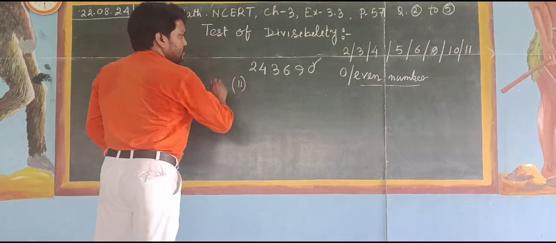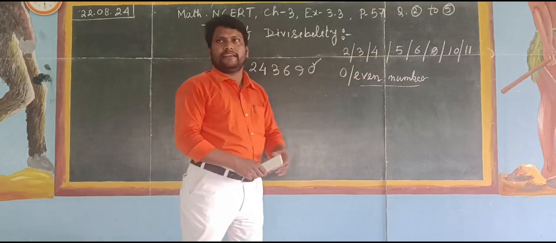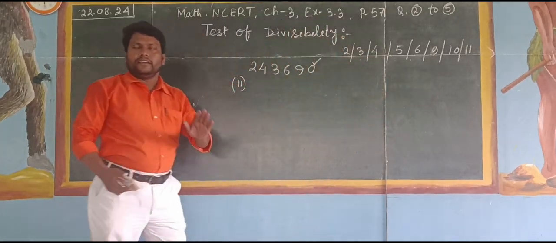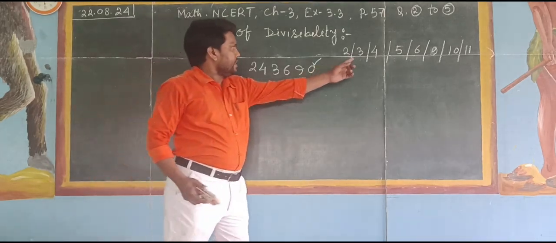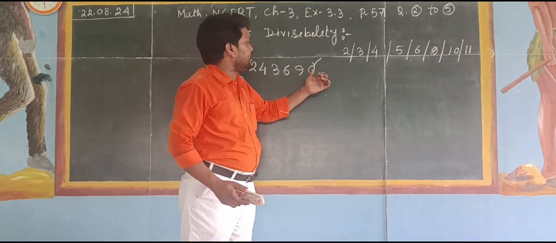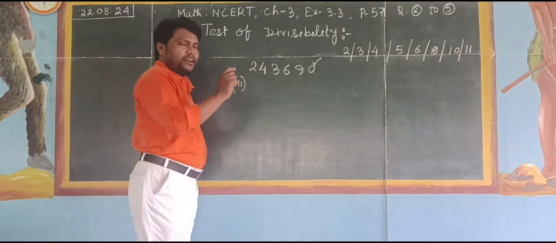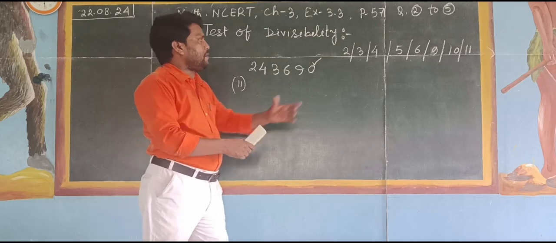Number 2, is it divisible by 3? If the question is of this type, is 243690 divisible by 3? Now, what is the rule of test of divisibility by 3?